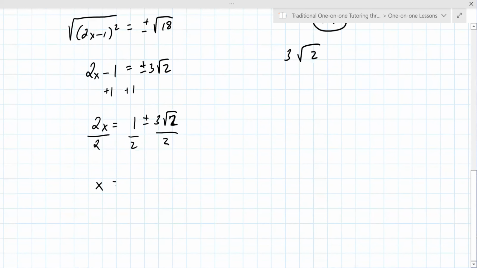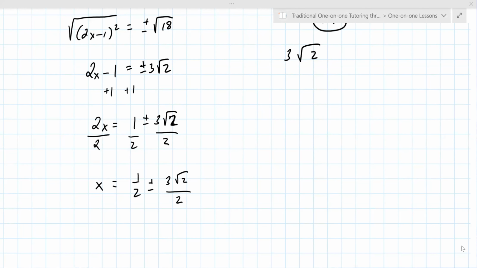Okay, so x equals 1/2 plus or minus 3 square root 2 over 2. Any questions on that before we move on to something else? No, it makes sense. Okay.